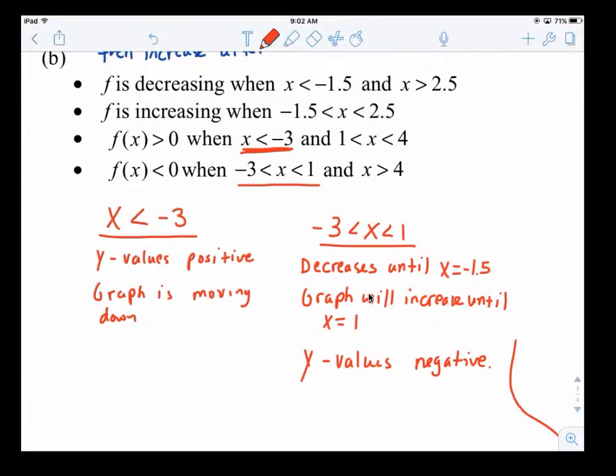Okay, what would the next piece be? Okay, so 1 is less than x, which is less than 4. So we know our y values are, and what else? So we know that my graph is increasing until about 2.5, and then at 2.5, I need to change directions.